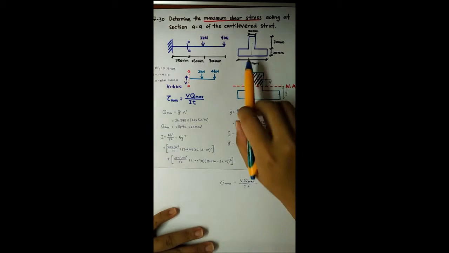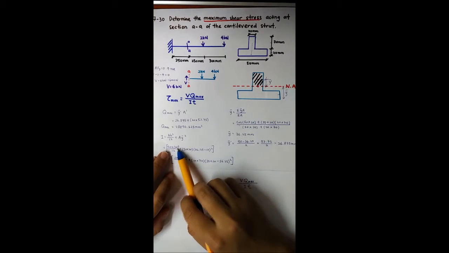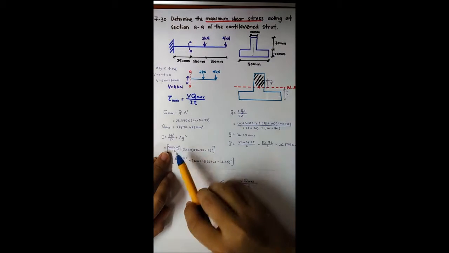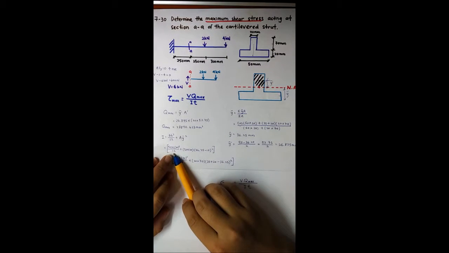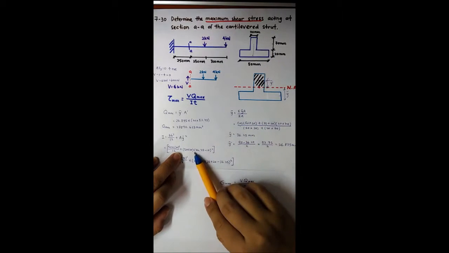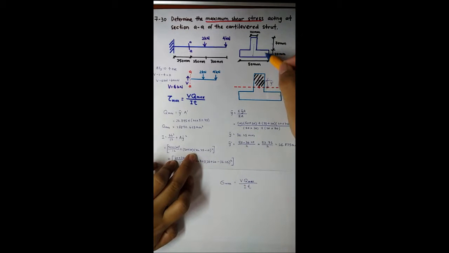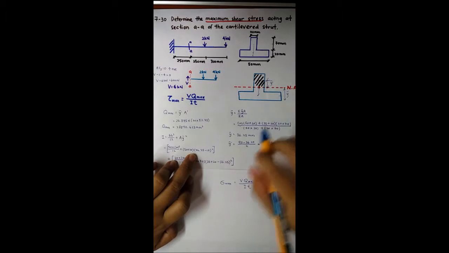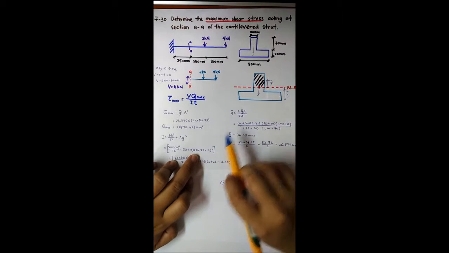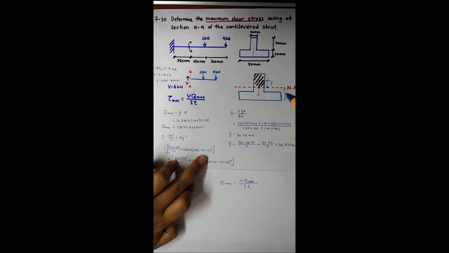For this section, we get 50 times 20 to the power of 3 over 12 plus area 50 times 20 times the half from here to the neutral axis, means y bar minus 10.